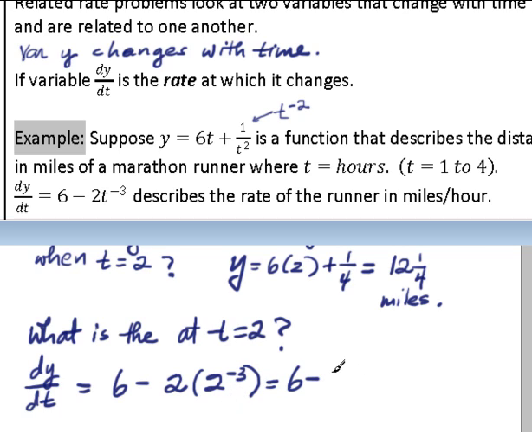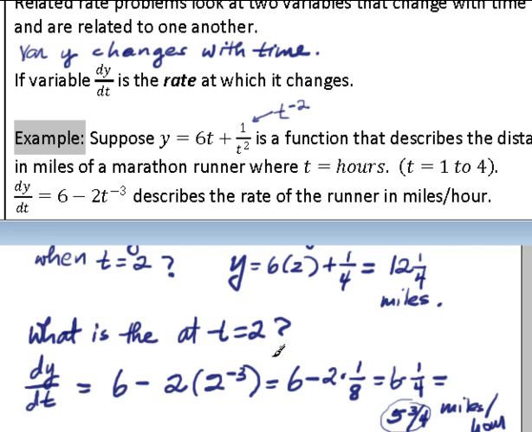So 6 minus 2 times 1/8. 2 times 1/8, that's 1/4. 6 minus 1/4, or 5 3/4 miles per hour. Okay, so that's the rate, or how quickly the runner is running when t is equal to 2.